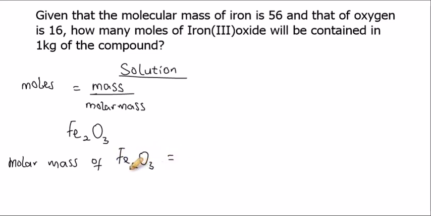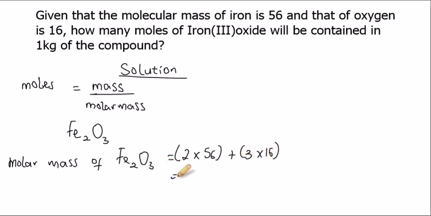So this will be the sum of the atomic masses of each of the elements present in the compound. The first element is iron, and we have 2 atoms present, so that will be 2 multiplied by the atomic mass, which is 56 according to the question, so 2 times (56), plus that of oxygen. We have 3 atoms of oxygen present, so we say 3 multiplied by the atomic mass of oxygen, which is given to be 16, so 3 times (16).